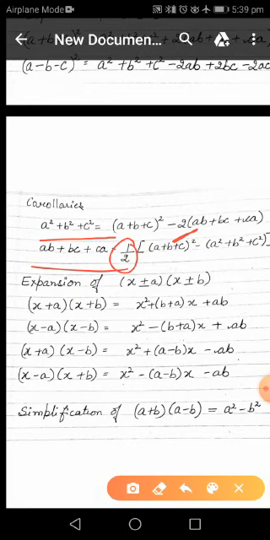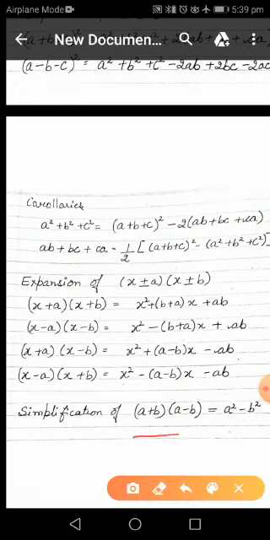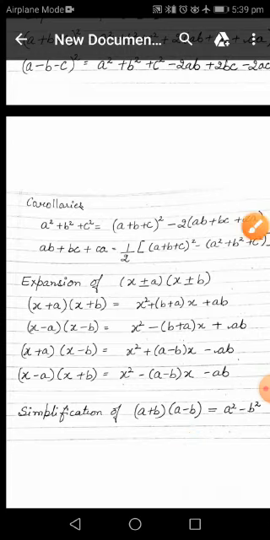This is a normal multiplication of two algebraic expressions, or you can say two binomials. Next we have simplification of a plus b and a minus b. We have already studied about this identity, that is a plus b and a minus b, which can be written as a square minus b square.